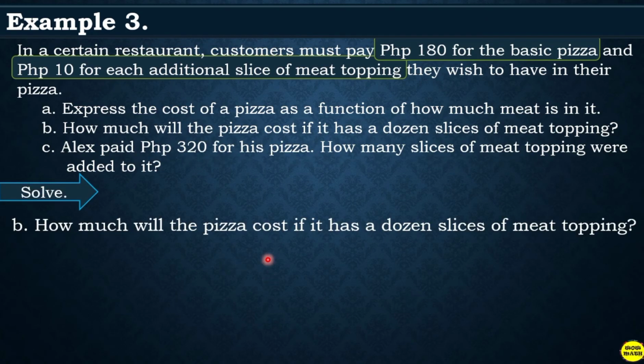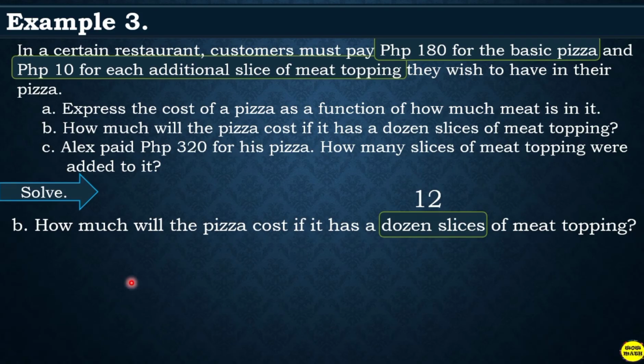How much will the pizza cost if it has a dozen slices of meat toppings? First thing to do: dozen. How many is 1 dozen? When we say 1 dozen, how many pieces is that? That is 12.